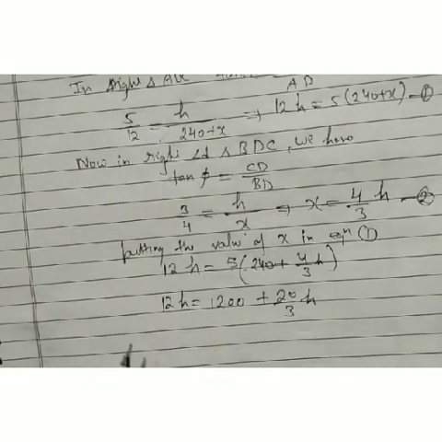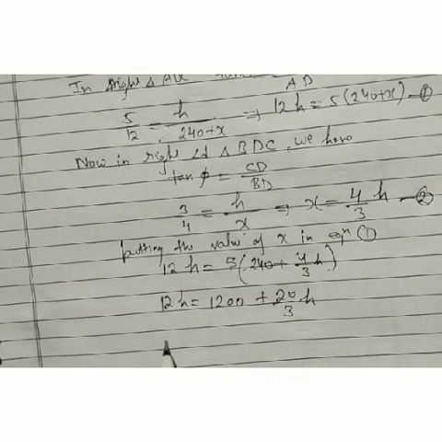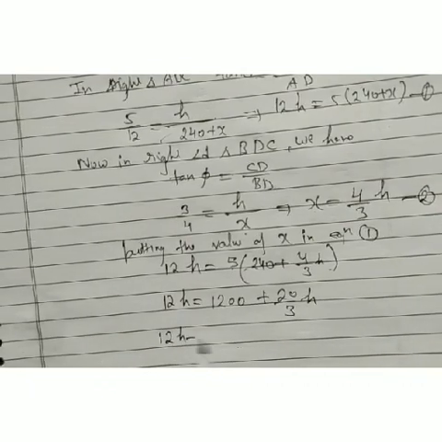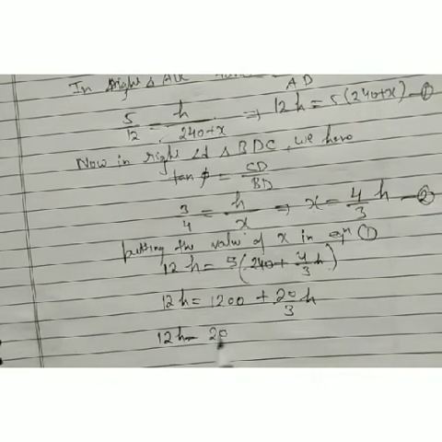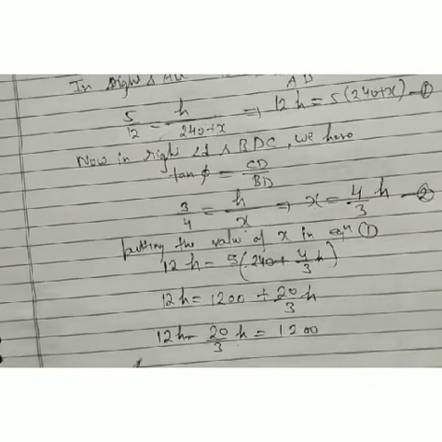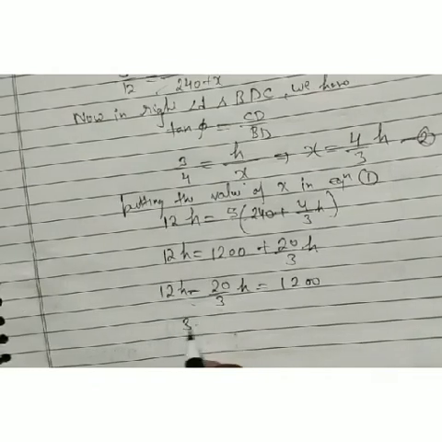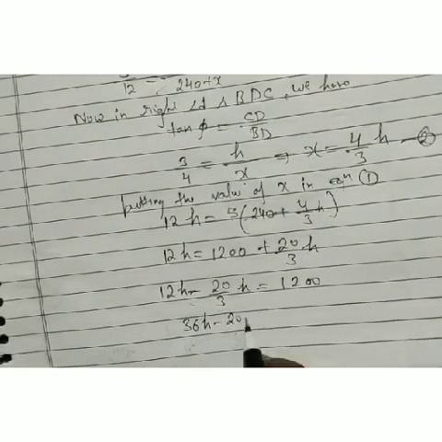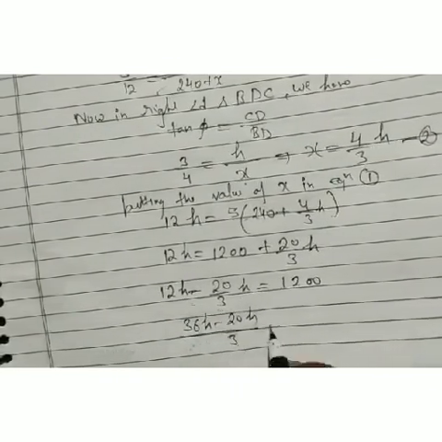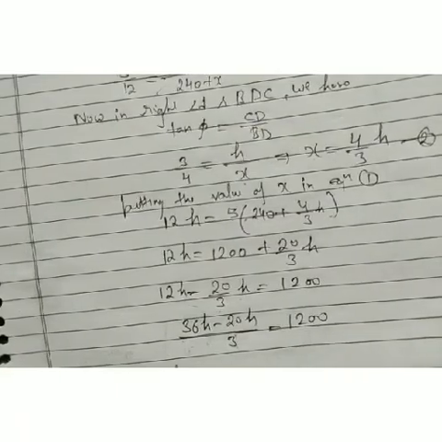Now shifting the 20/3h, we have 12h minus 20h/3 is equal to 1200. Then we take the LCM, so we have 36h minus 20h upon 3 equal to 1200.